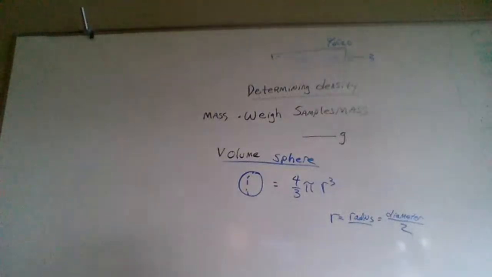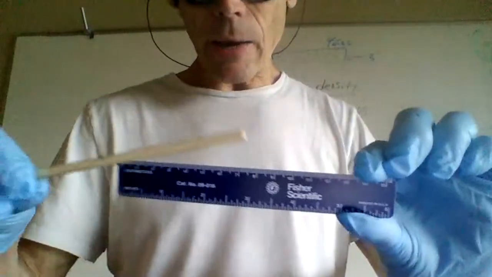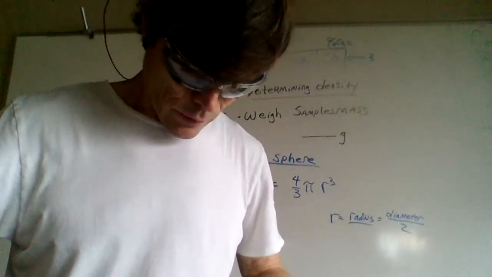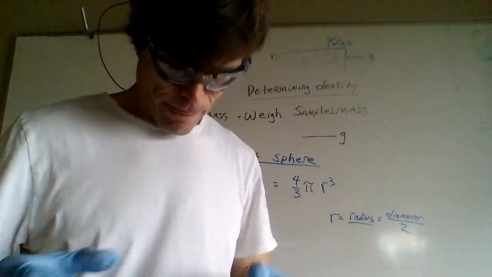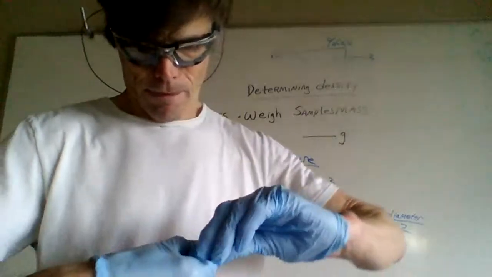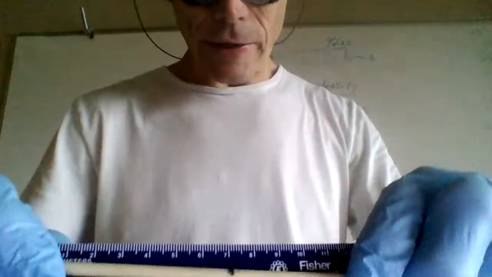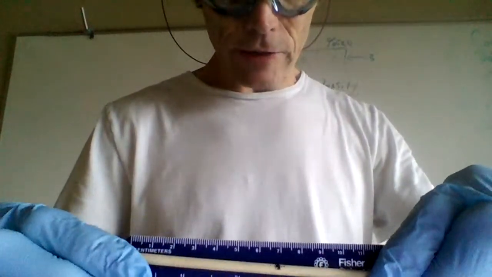And I'm going to use my trusty ruler right here. This is a ruler, if you can see it, in centimeters. What I'm going to do is place this on the stick so you can see how we can measure this on our centimeter scale. I'm putting the end of the stick at the very end.